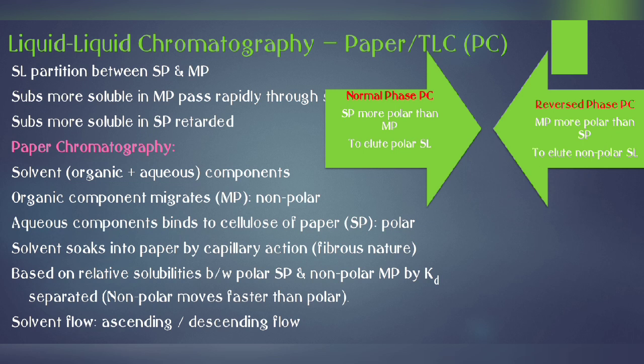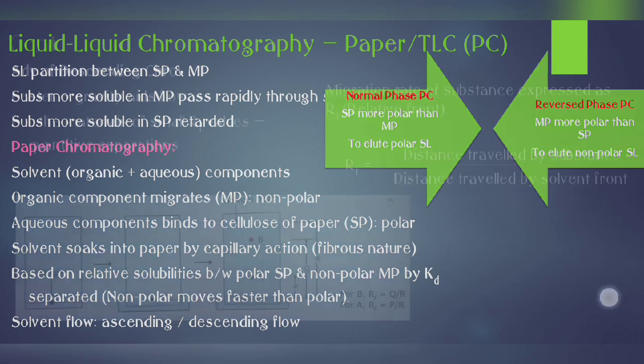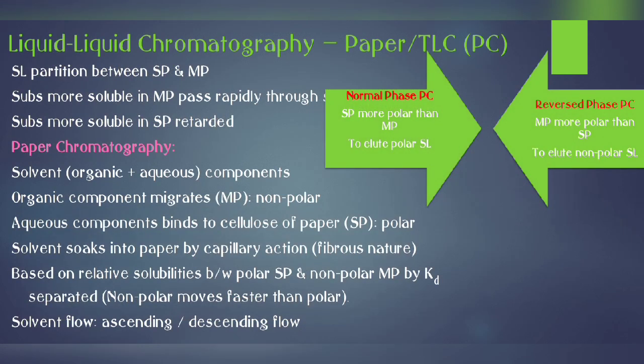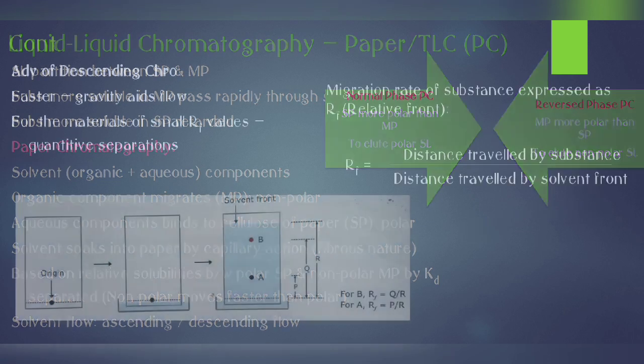In normal phase, the stationary phase is more polar than the mobile phase. In reversed phase, the mobile phase is more polar than the stationary phase. So to elute polar solutes, we can use normal phase planar chromatography. To elute nonpolar compounds, we can use reversed phase planar chromatography.